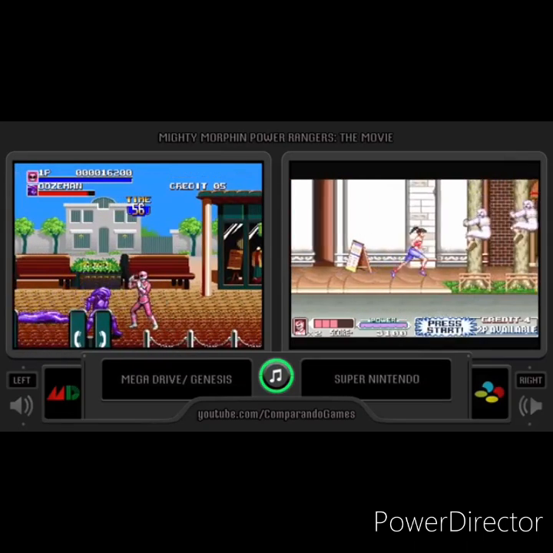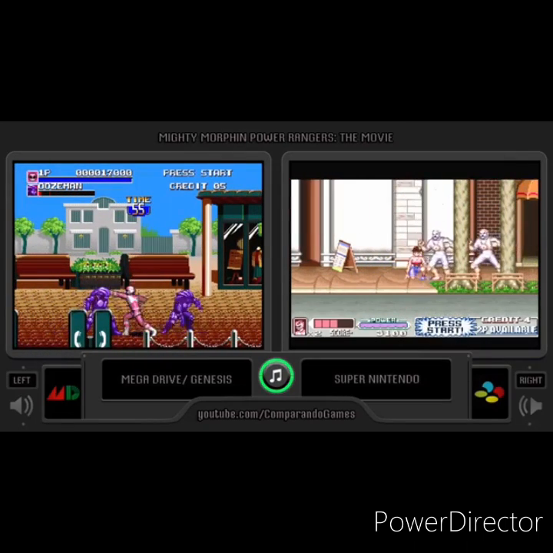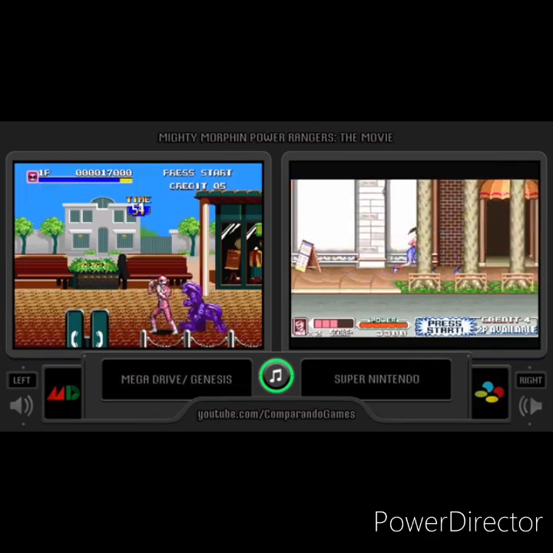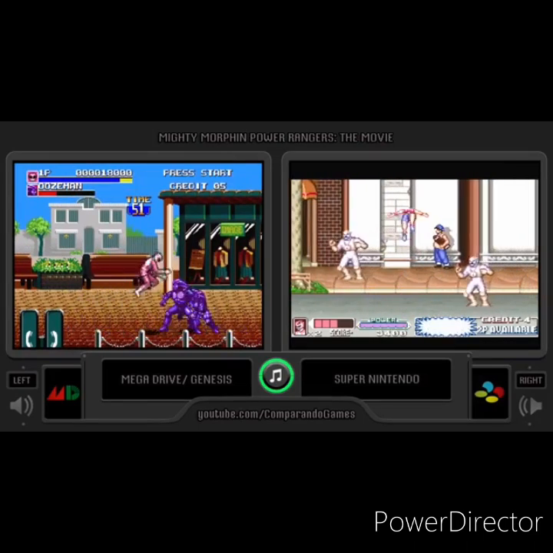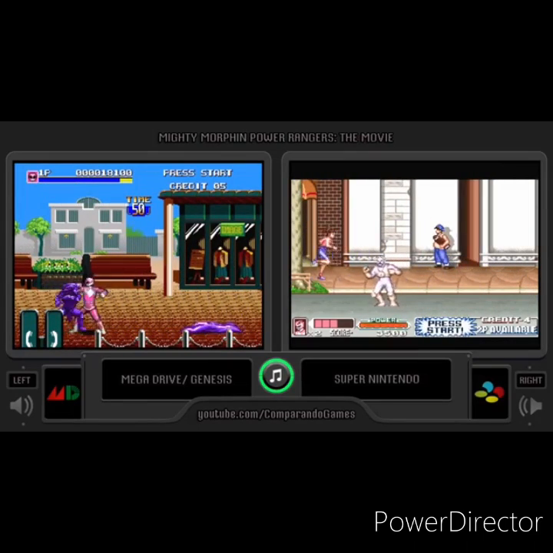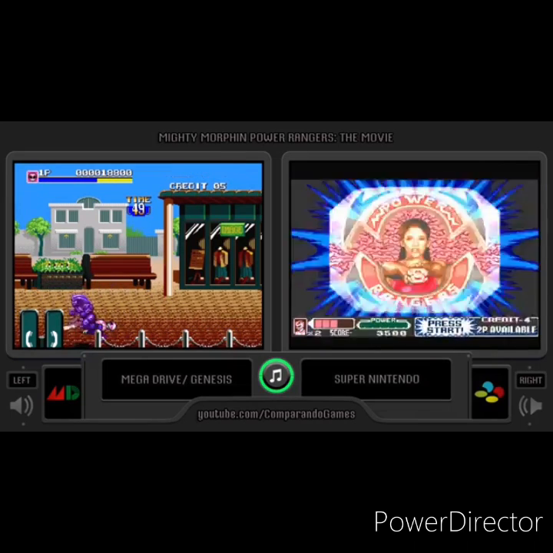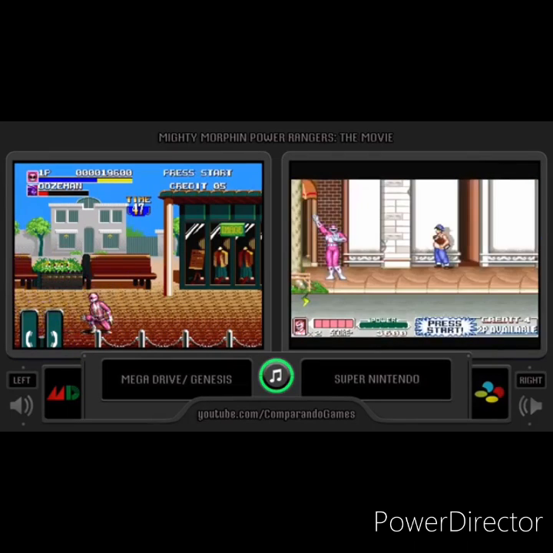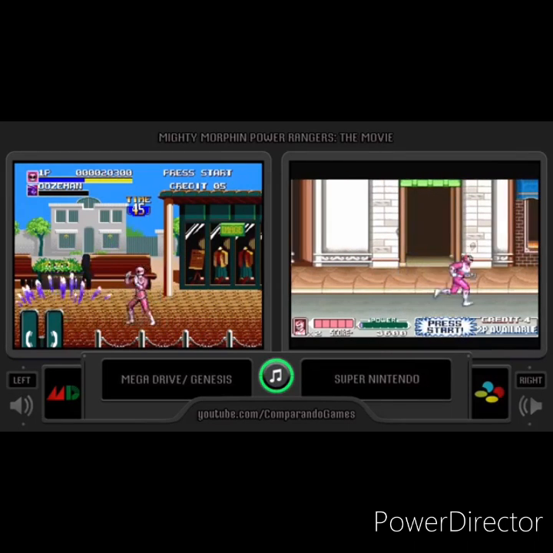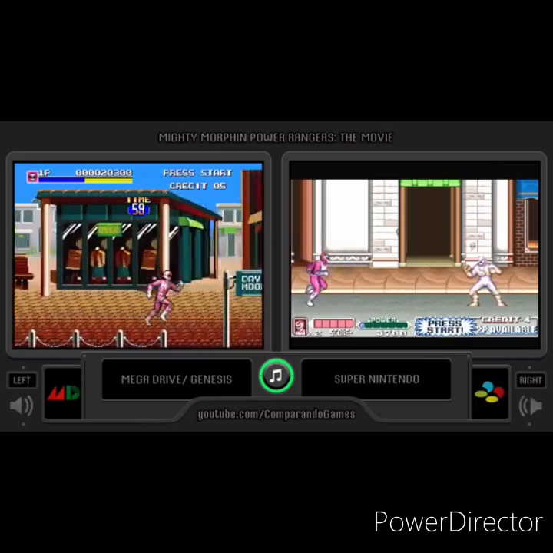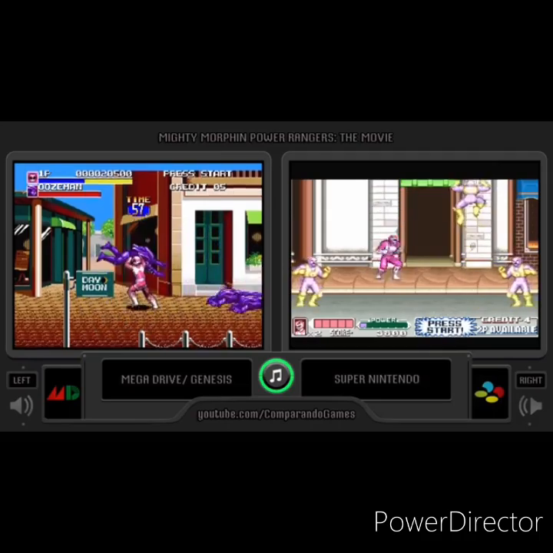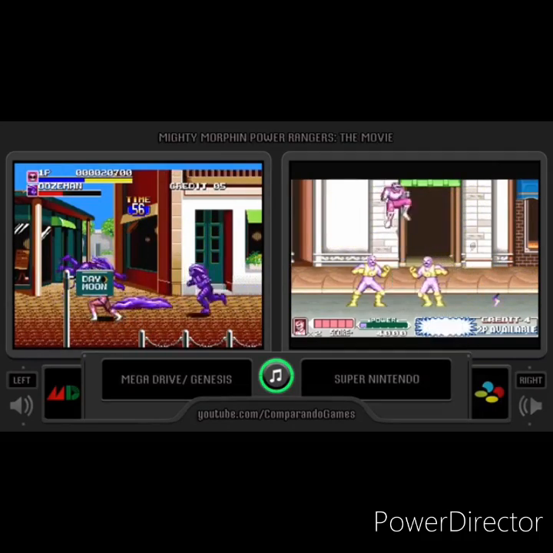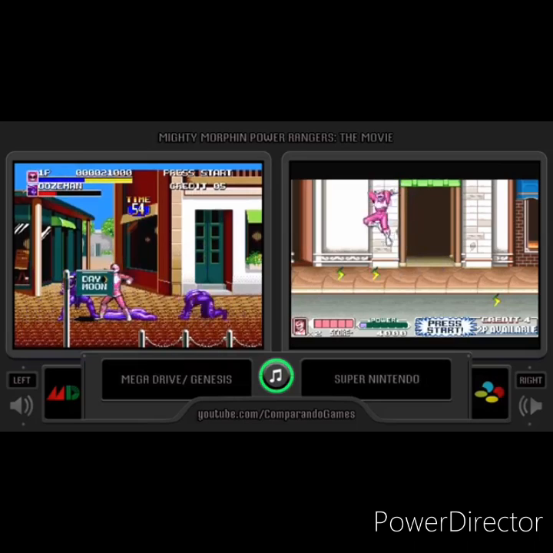Another thing is that we are seeing on the first level that Kimberly is fighting. Well, okay, so now she morphed. If you see the Sega Genesis, she's fighting Deuceman, which goes along with the movie.